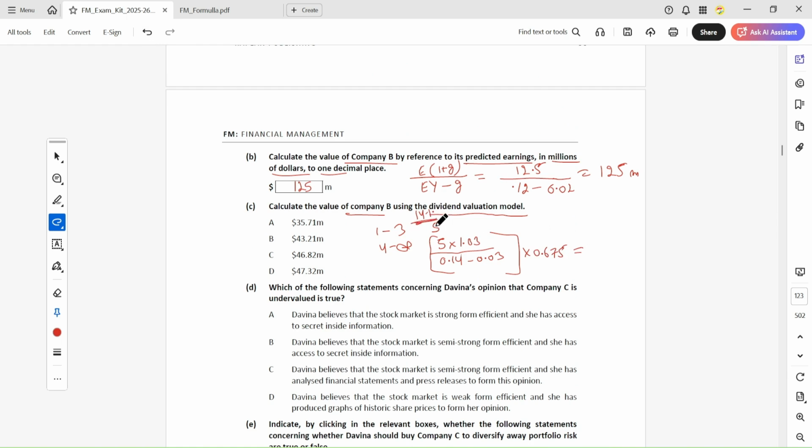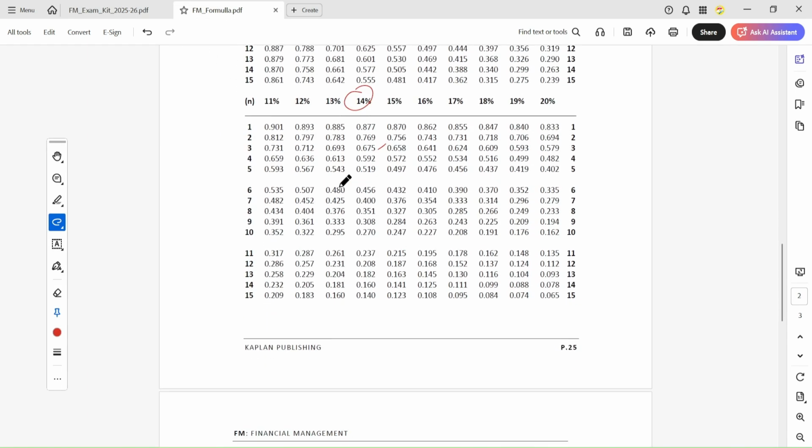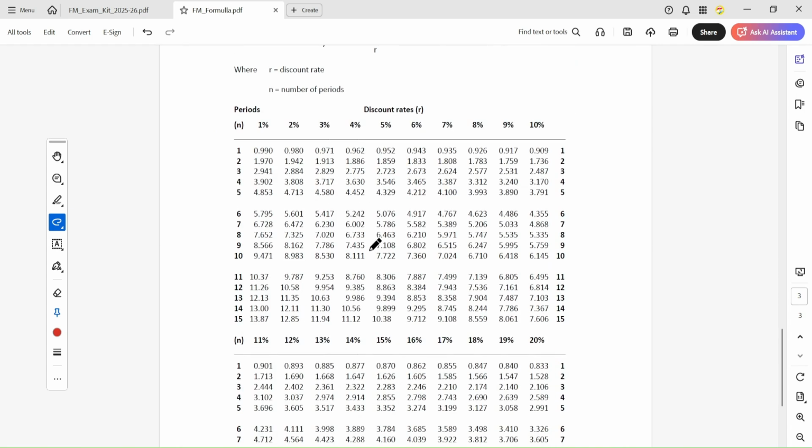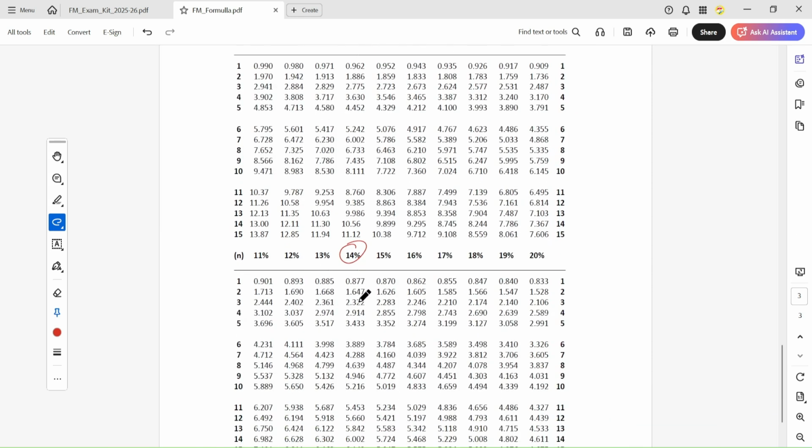For years 1 to 3 we will take the annuity factor for 14% for 3 years, which is 2.322.